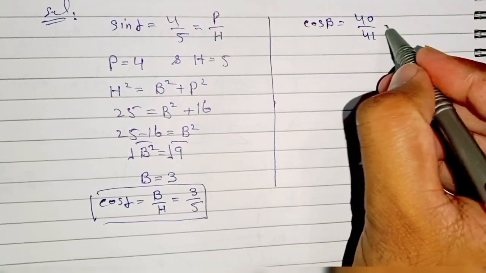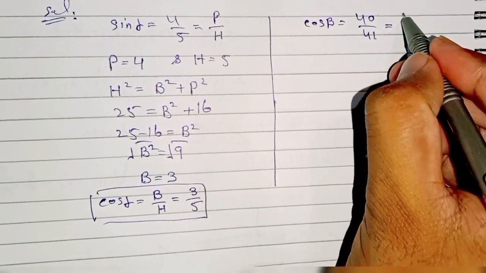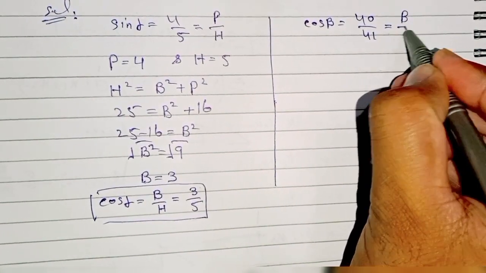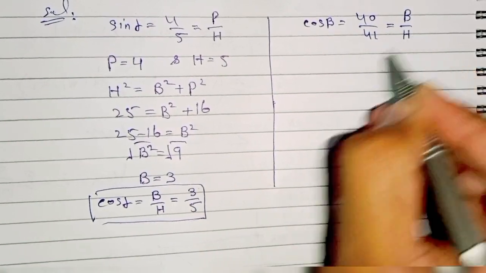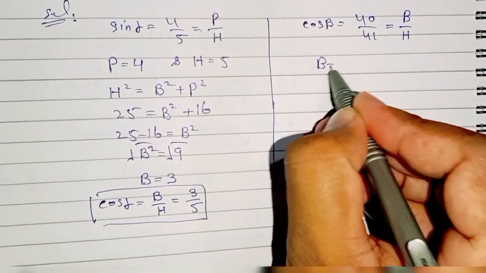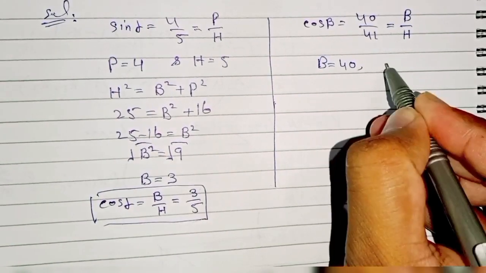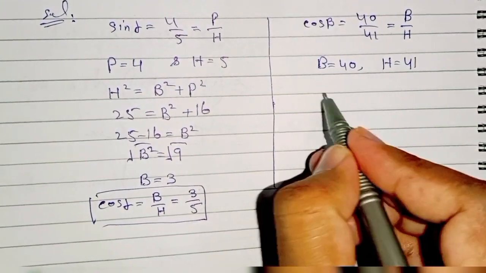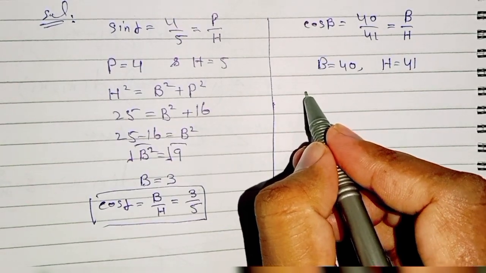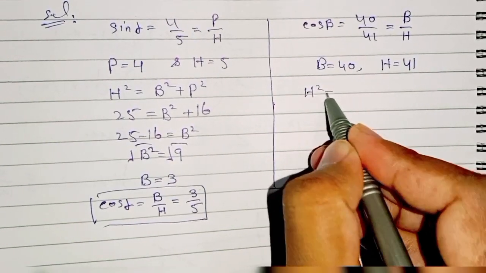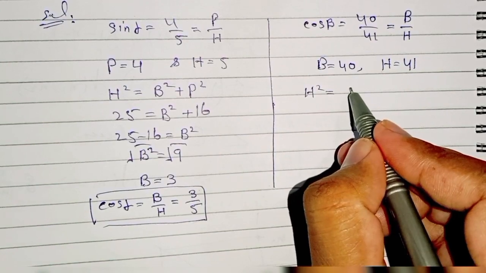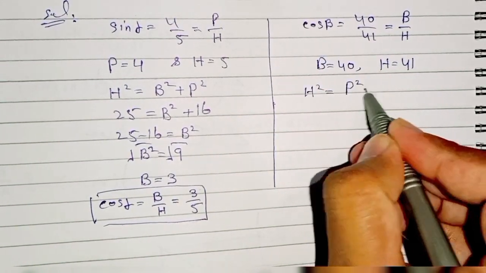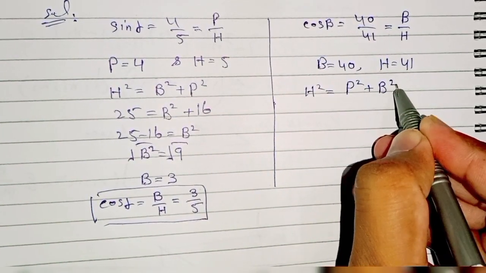Cos beta: we know that cos function is base over hypotenuse. So we have b is equal to 40 and h is equal to 41. By Pythagoras theorem, h square is equal to p square plus b square.